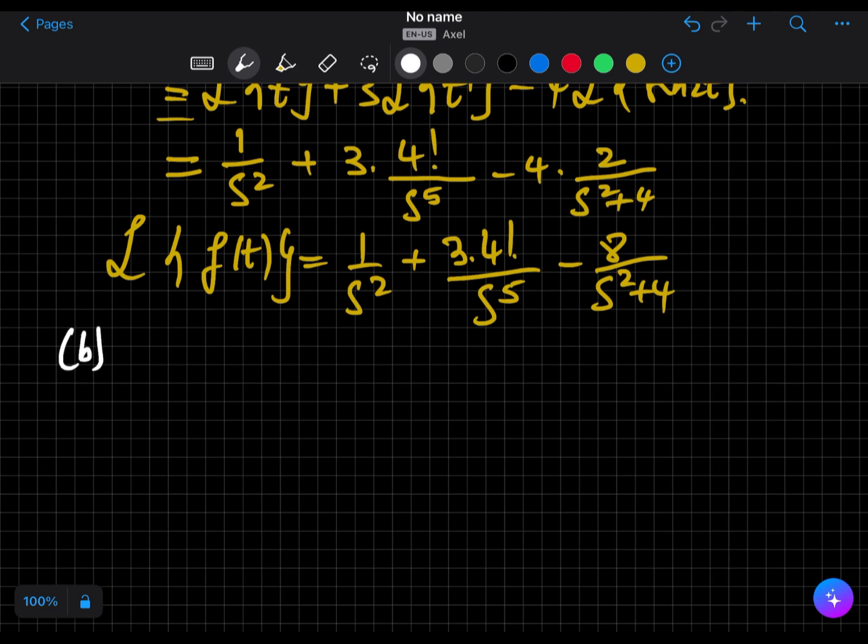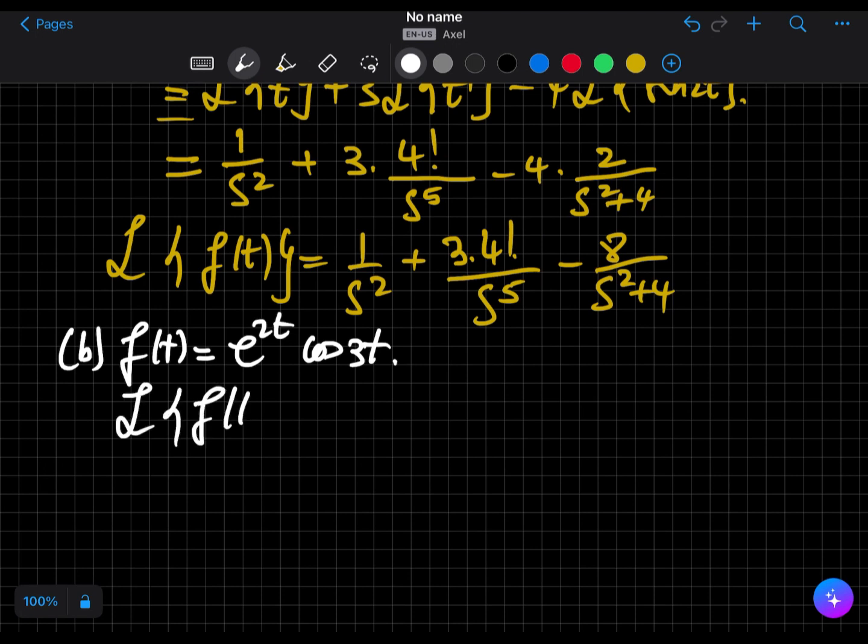Let's have a look at the second case, where f of t is equal to e to the power 2t times cos 3t. Now, you are asked to find the Laplace transform of f of t, so it's the Laplace transform of e to the 2t cos 3t.